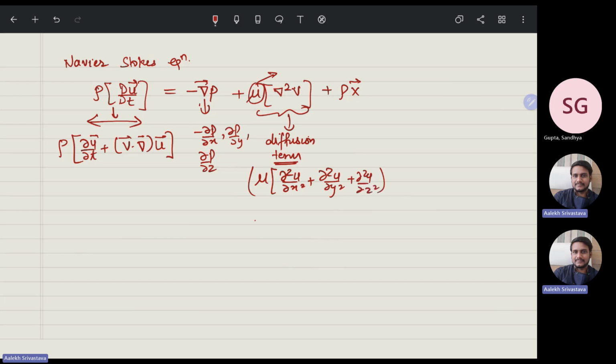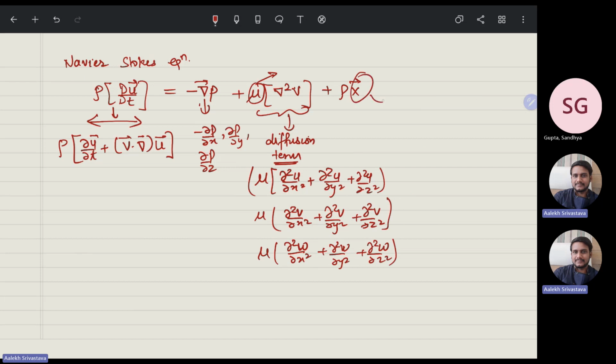So this is in the x direction. Similarly, for the y direction it is v, and for all the components, and it is mu del 2 w by del x square plus del 2 w by del y square plus del 2 w by del z square.